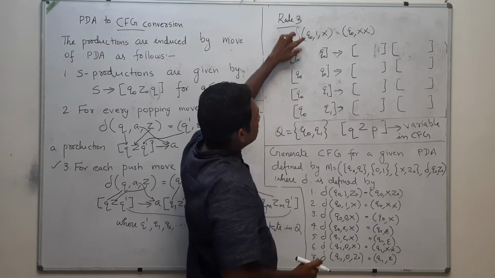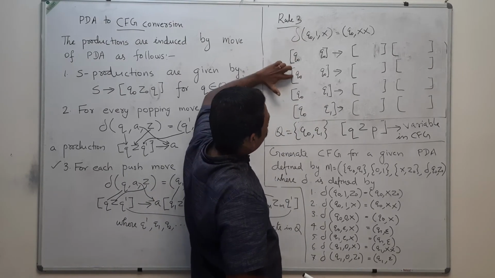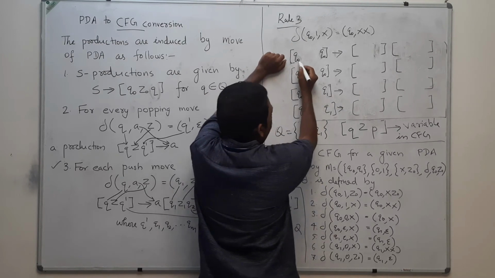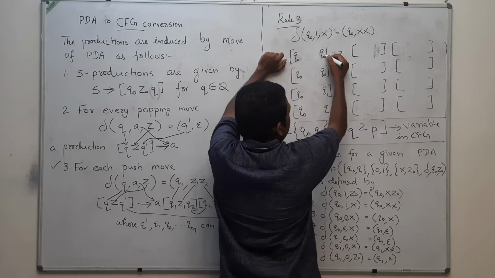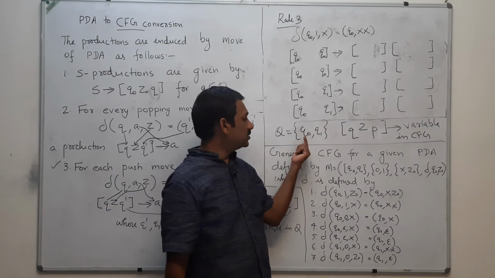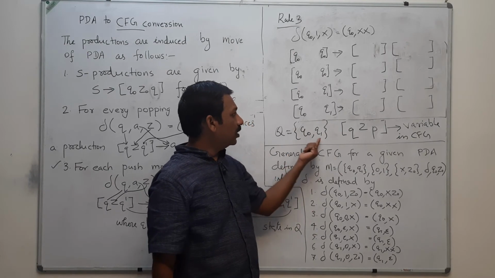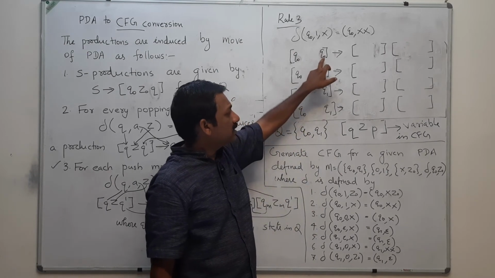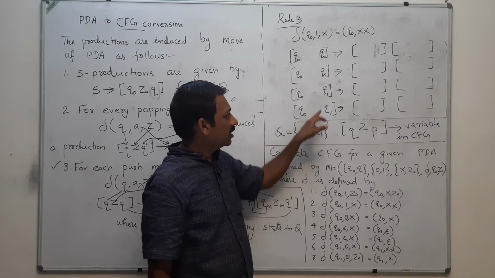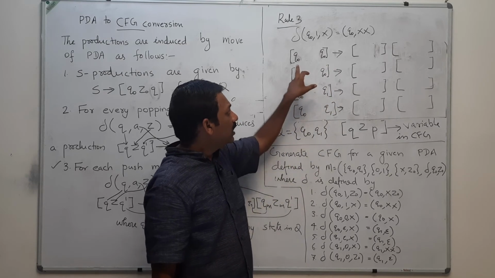For all these cases, this Q0 you have to copy here. That is a starting. Now, what is this? This Q dash is either Q0 or Q1. That means Q0 or Q1, and you have two cases for Q0 and two cases for Q1. Now it has to move.